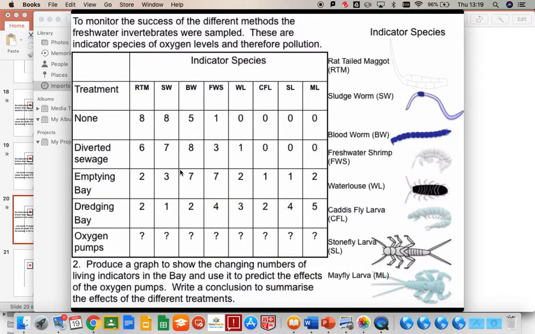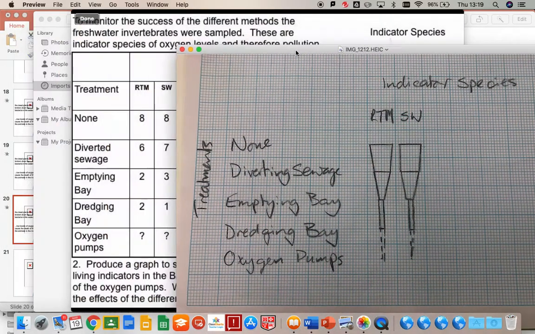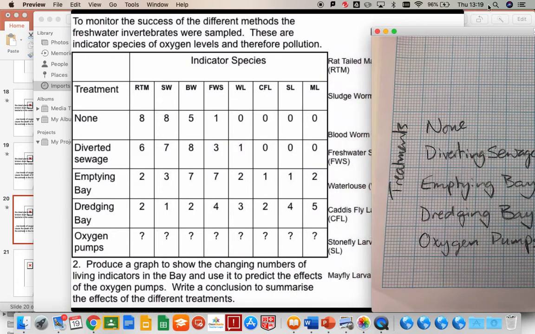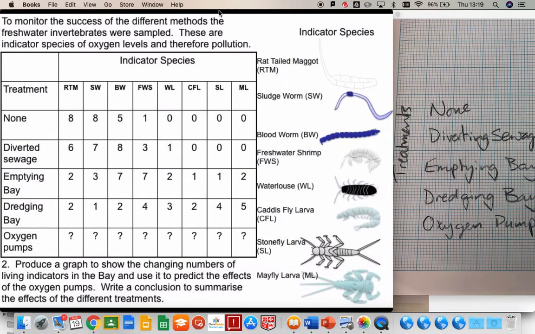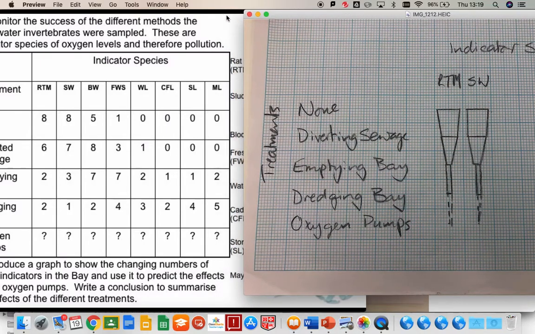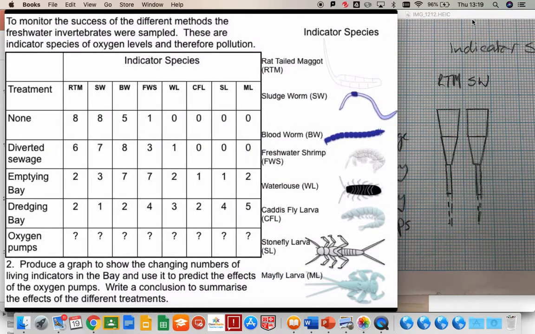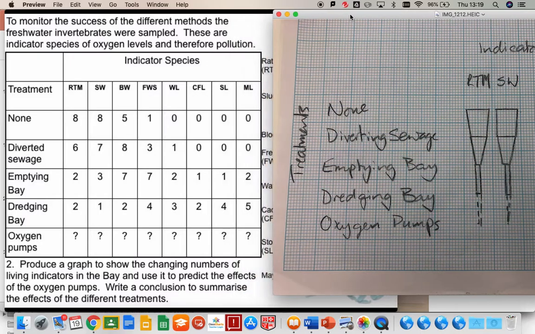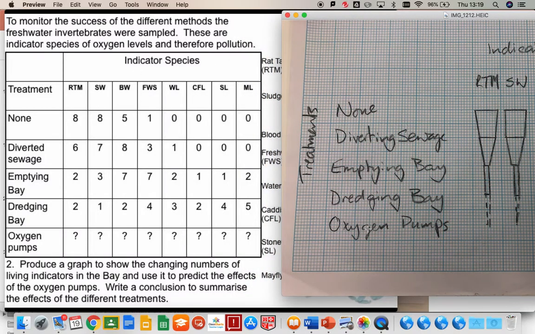And then produce something called a kite diagram from the data that we have here. And this is my kite diagram here. What I want you to do is put the different treatments down the side. It's better to have graph paper, but it's not essential.